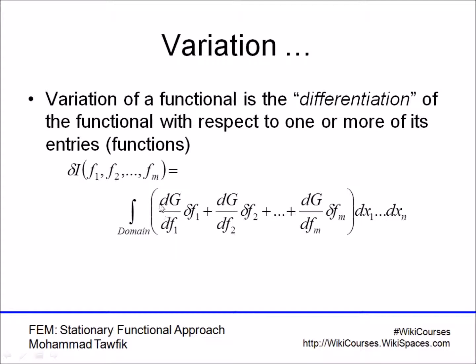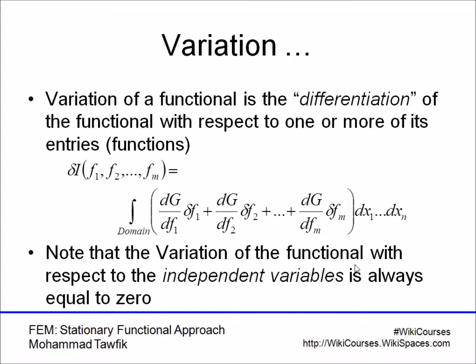Don't worry if these things are not so clear right now. We're going to have an example on a beam and a bar as we go on, and I hope that the examples will make it clear. So anyway, back to what is variation: in a very simple definition, the differentiation of the functional with respect to its functions.